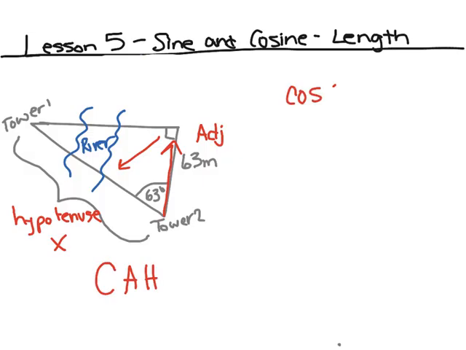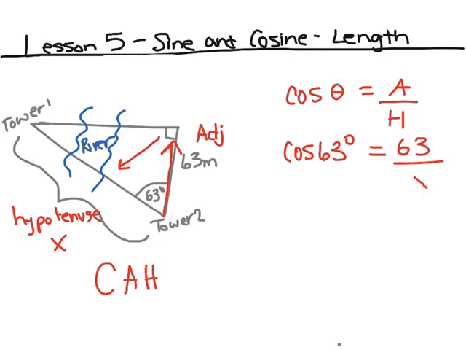So cos of theta is equal to A over H. Cos of 73 degrees is equal to 63 over x. X is on the bottom, so we're going to flip spots. X is equal to 63 divided by cos of 73. This was supposed to be a 7.